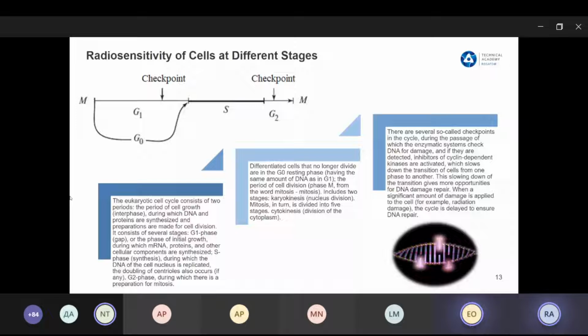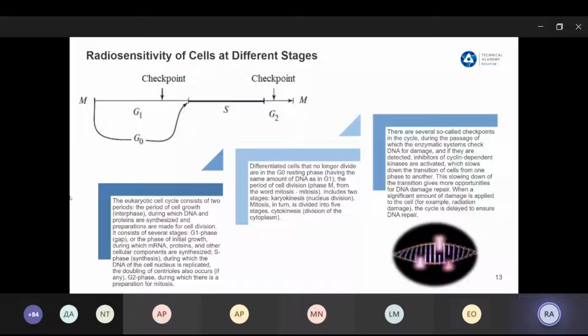Doubling of centrioles also occurs, if any. G2 phase, during which there is preparation for mitosis. Differentiated cells that no longer divide are in the G0 resting phase, having the same amount of DNA as in G1.